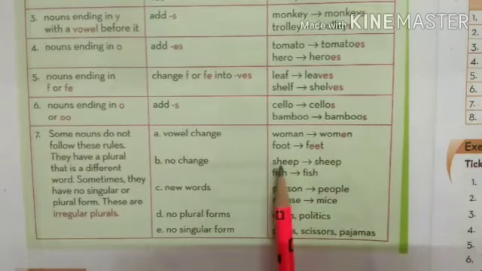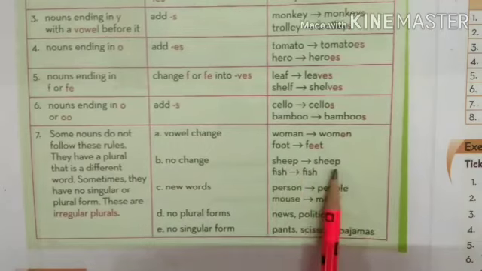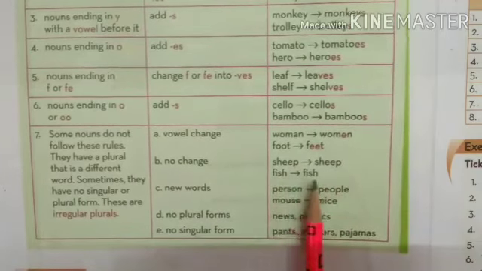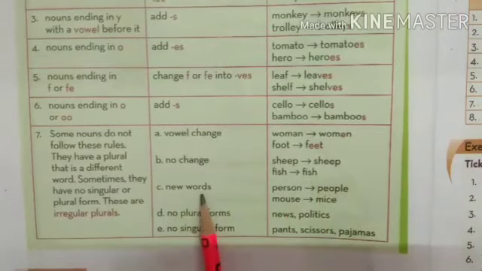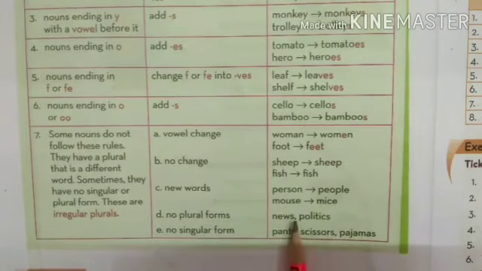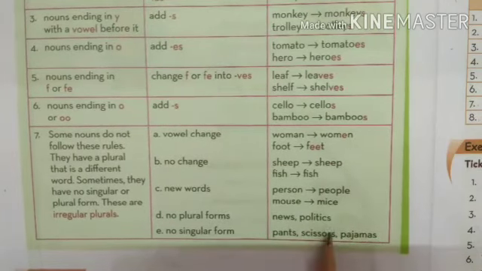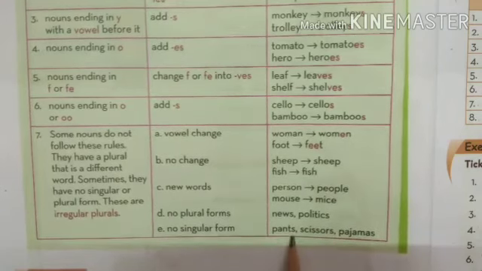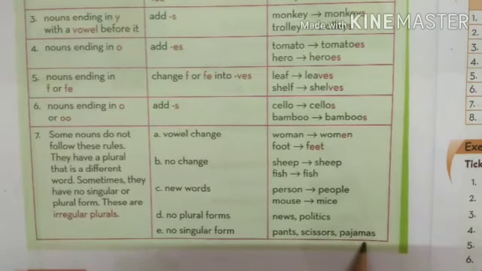No change, the plural form of sheep is sheep, fish is fish. New words, person becomes people, mouse becomes mice. No plural forms of these words, news, politics. No singular form, pants, scissors, pajamas.